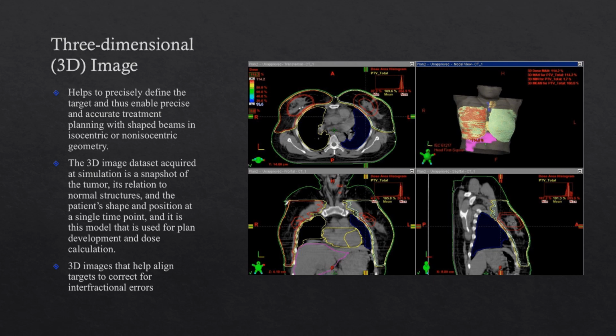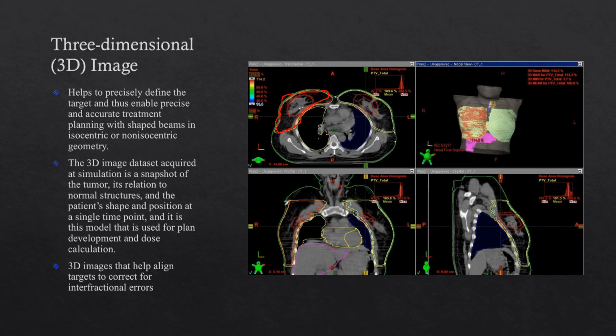GTV is gross tumor volume, which is already shaped for us here. This helps to find the organ at risk. Also, the 3D image dataset from simulation is a snapshot of the normal structure and the patient shape and position at a single time point.